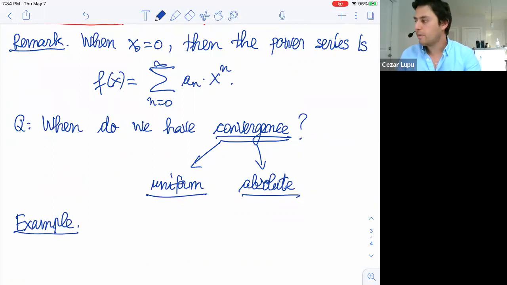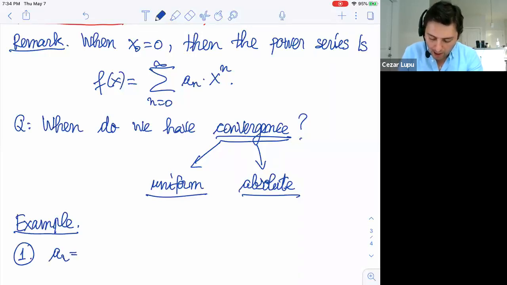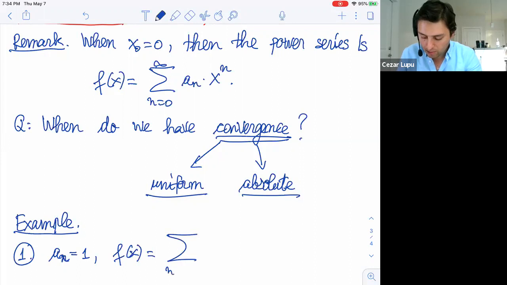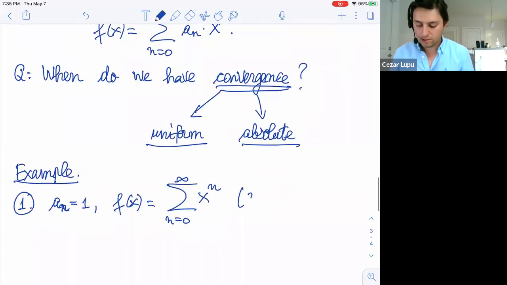All right, so the example that we did in class was, first one, when a_n equals 1. So when a_n equals 1, we have this function f of x, which is nothing else than just a geometric series. Remember, we did this in two ways.